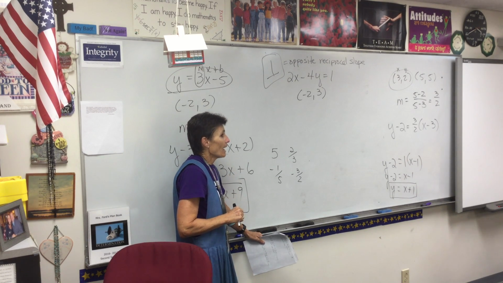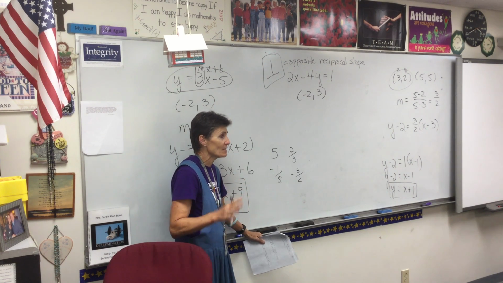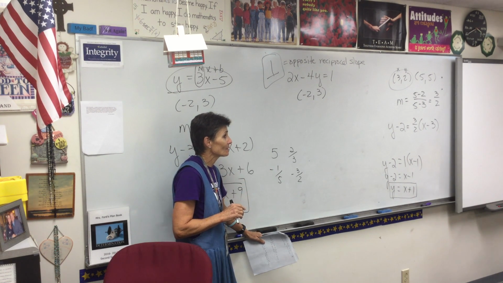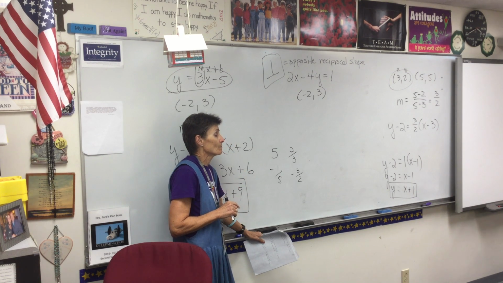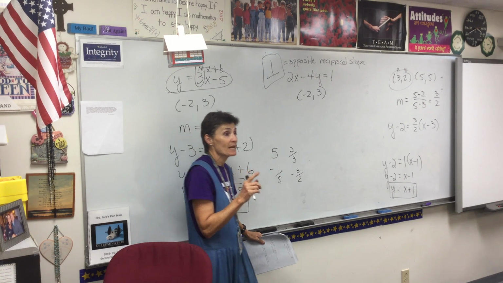Okay, how do I even begin finding the opposite reciprocal slope? What do I need to do, Pat? We first need to find the slope of that. And how do I do that? First you would subtract 2x to the other side, and then divide everything by negative 4. He gave me specific steps.